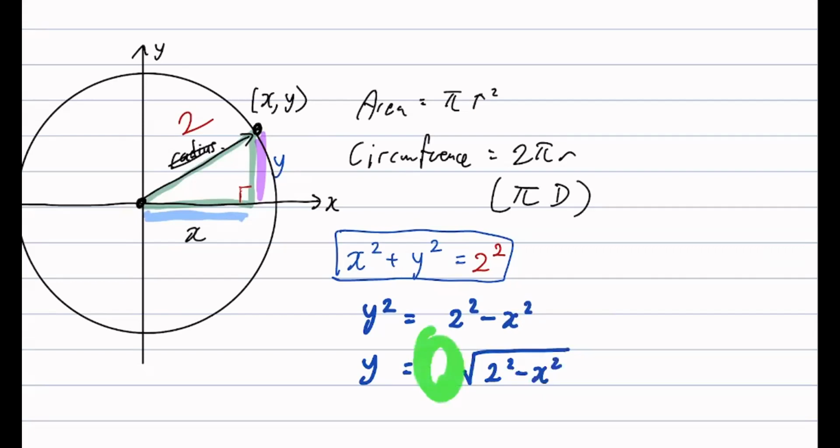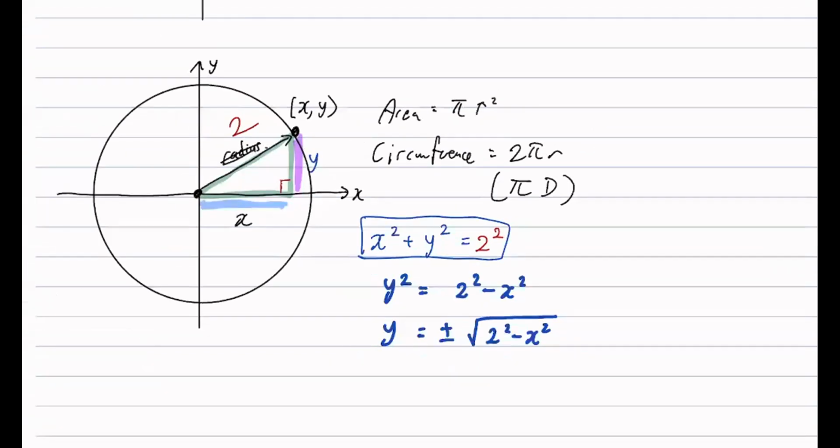Plus minus. What does this plus minus refer to? When y is positive, when y is negative. Which part of the graph will give you positive y? The top or the bottom? The top part, right?